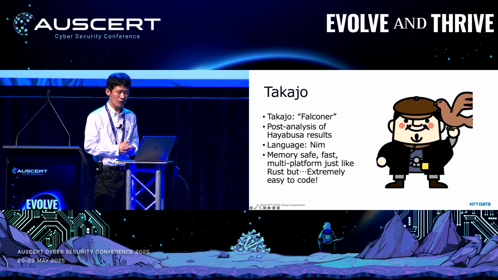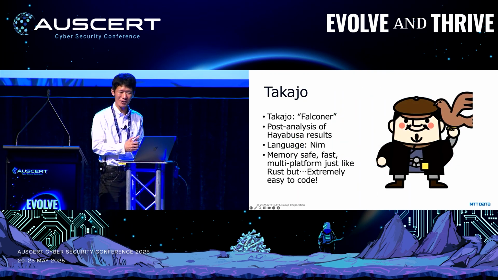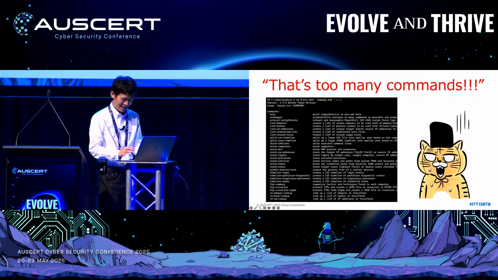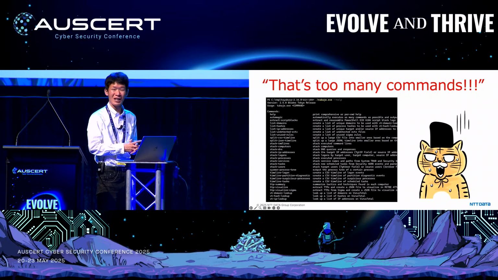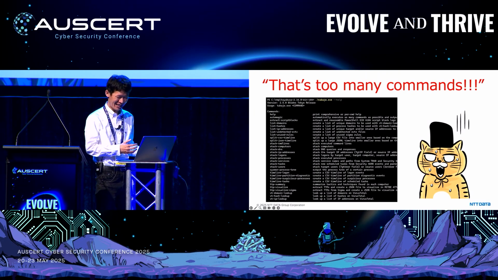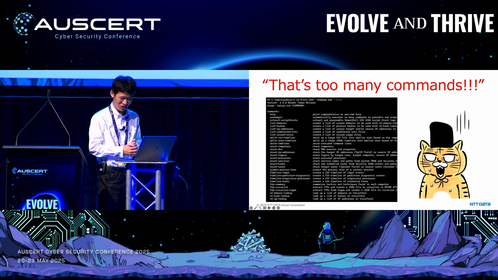Takajo is a fast forensic analyzer for Hayabusa's results written in Nim. Takajo means falconer in Japanese and was chosen as it analyzes Hayabusa's catches. This is a screenshot of Takajo's command line help. There are over 30 analysis commands available, maybe a bit too many.